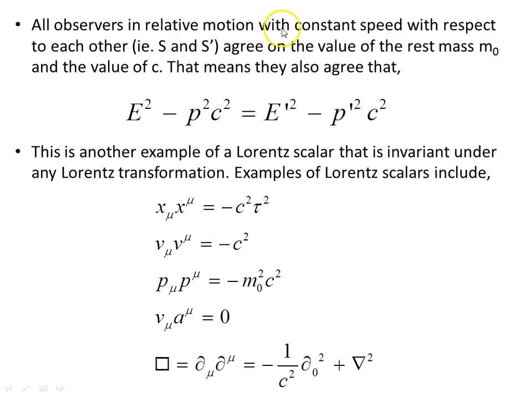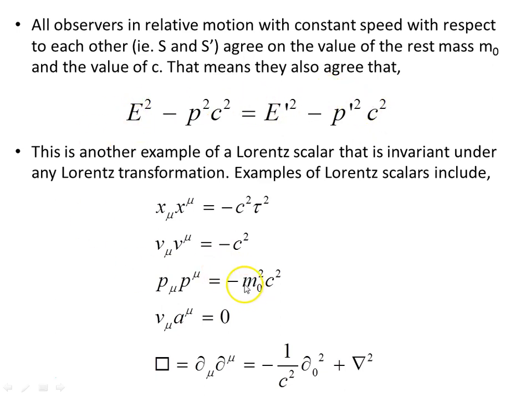All observers in relative motion with constant speed with respect to each other, i.e. S and S prime, agree on the value of the rest mass m0 and the value of c. That means they also agree that E squared minus p squared c squared, which the observer in S records, and which the observer in S prime records, is the same scalar.